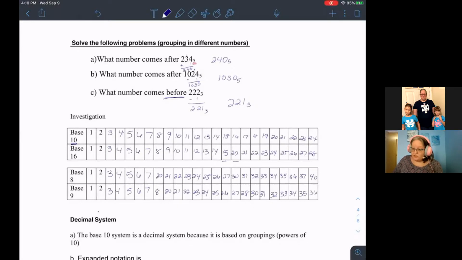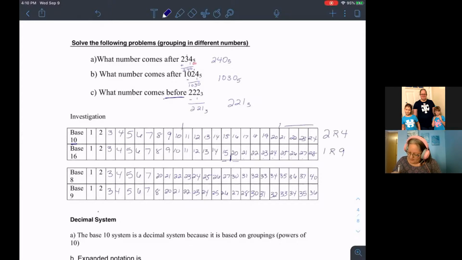And I think what she was saying is like for base 10, this would be 2 groups, remainder 4. And then for 16, it would be 1 group, remainder 9.